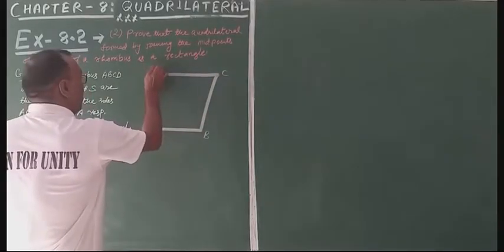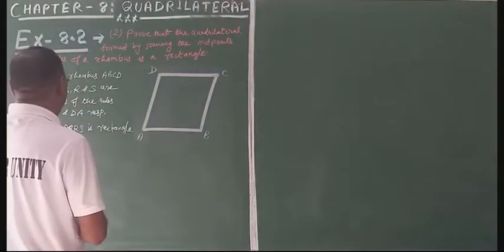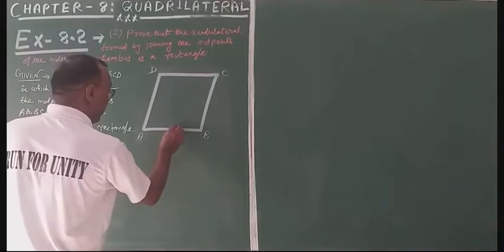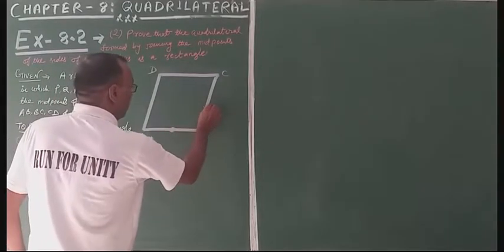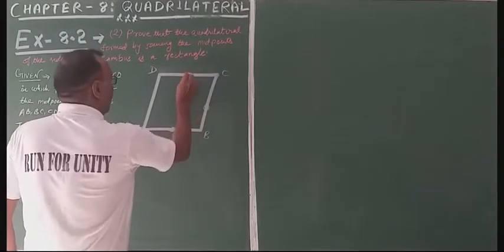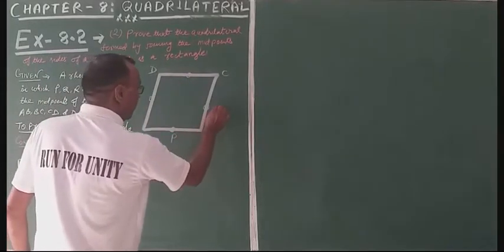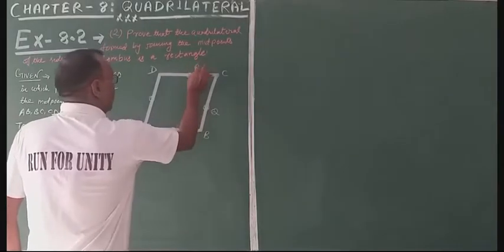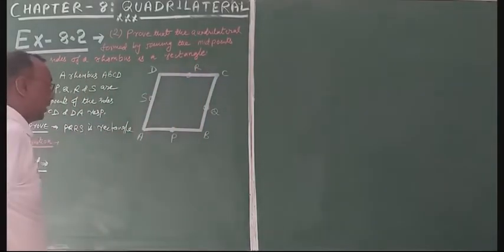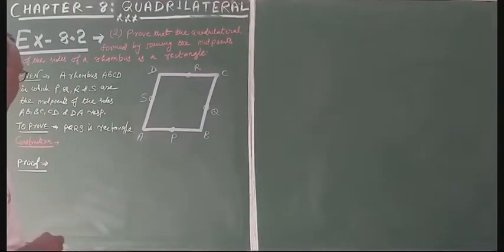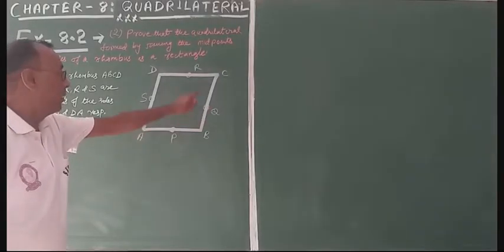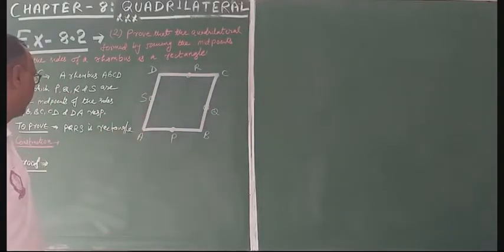You are given a rhombus ABCD in which P, Q, R and S are the midpoints of the sides AB, BC, CD and DA.